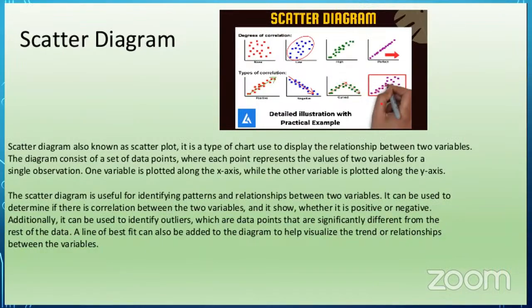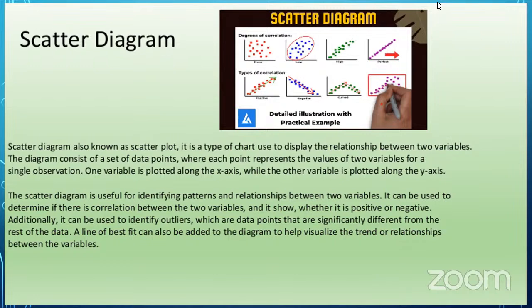And this is the scatter diagram. Scatter diagram means you are trying to find out the relationship between two sets of metric variables. So this is the x-axis, one variable, and this is another axis, the y-axis, another variable. And you will find that data are very much scattered.